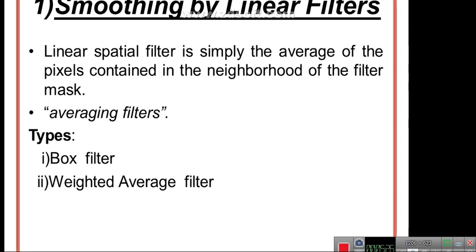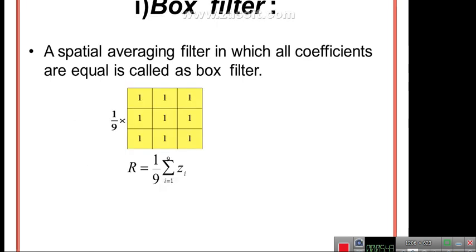First is smoothing by linear filter. A linear spatial filter is simply the average of the pixels contained in the neighborhood of the filter mask. So it is also called an averaging filter. Here two different filtering techniques are there: one is the box filter and the weighted average filter. This is the mask for a box filter, where all the coefficients are equal.